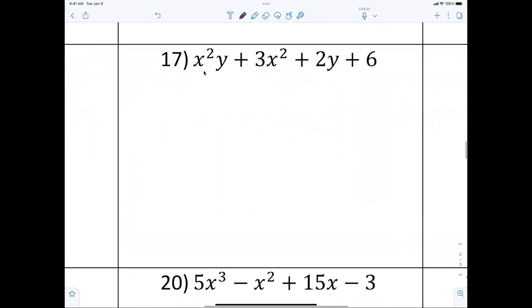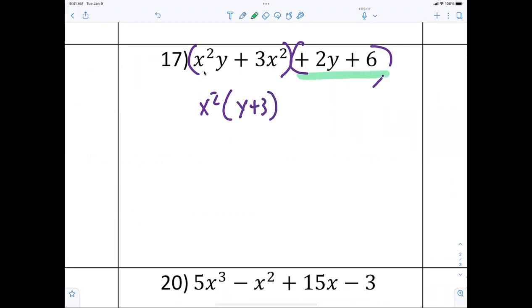All right, factor by grouping here. What's common? X squared. What's left behind? Y plus 3. What's common? 2. What kind of 2?